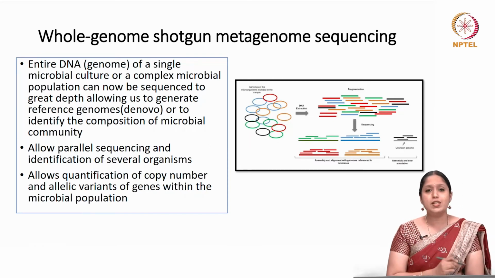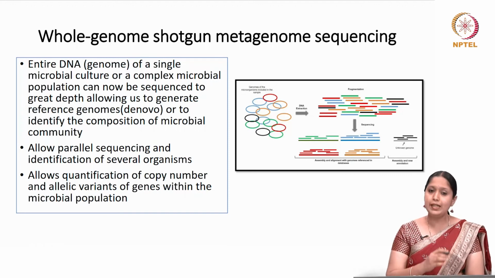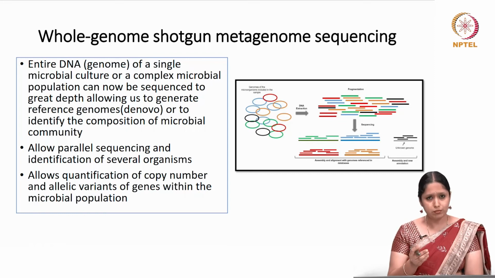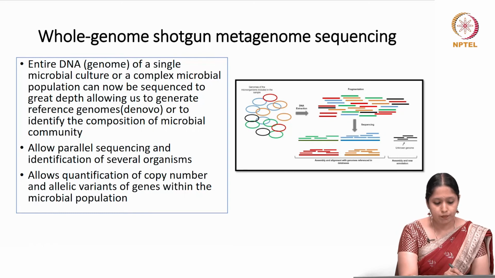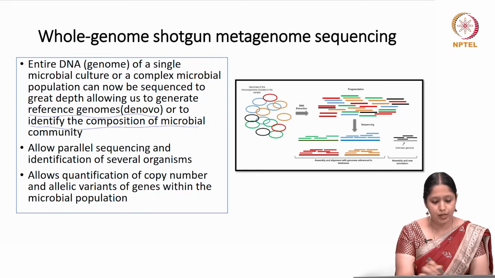The next procedure used for the evaluation of the oral microbiome is whole genome shotgun metagenome sequencing. In this procedure, the entire DNA or genome of a single microbial culture or a complex microbial population can be sequenced to a great depth, allowing us to generate reference genomes de novo, and it also helps to identify the composition of the microbial community.